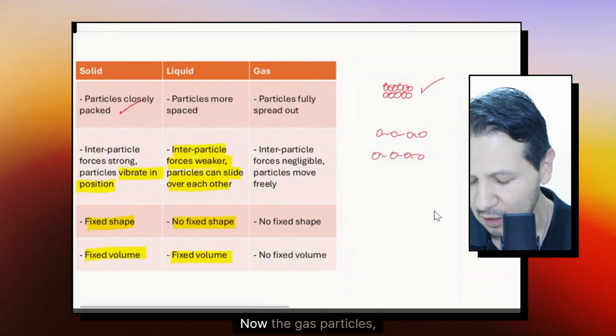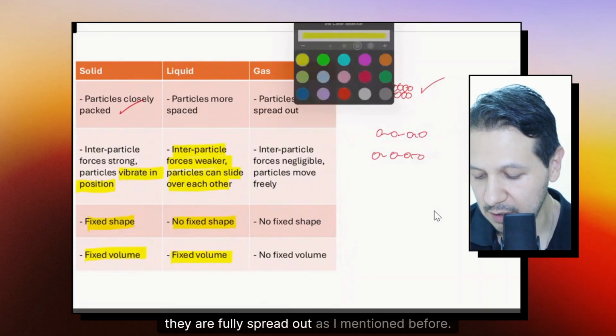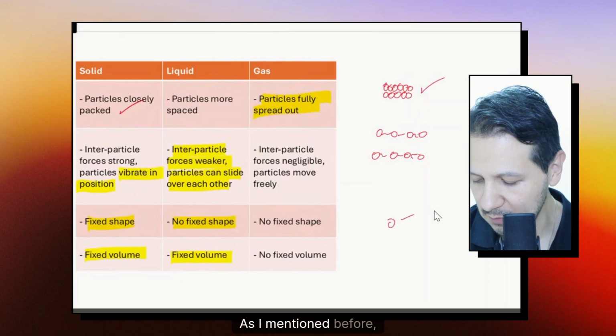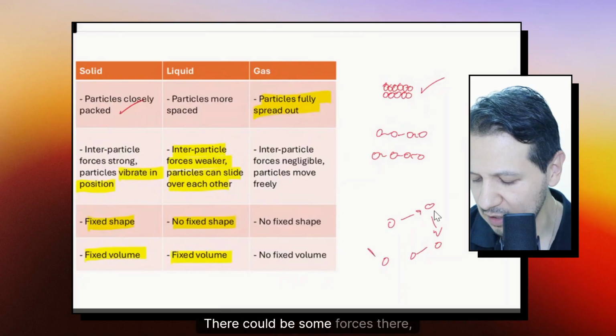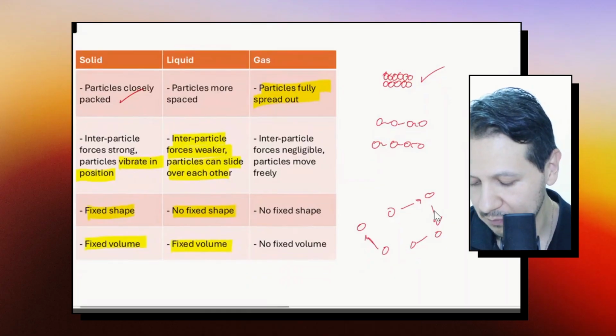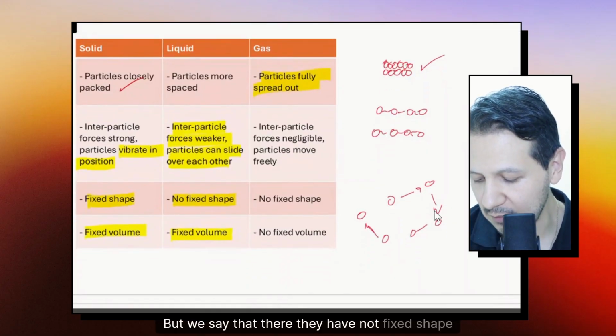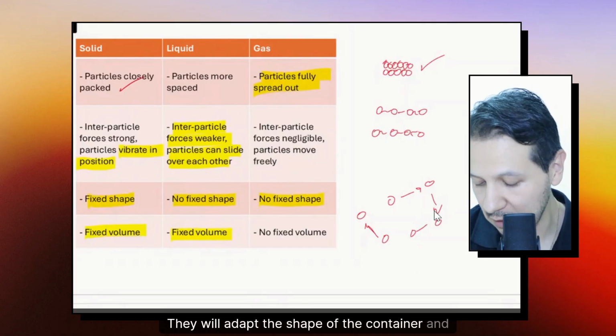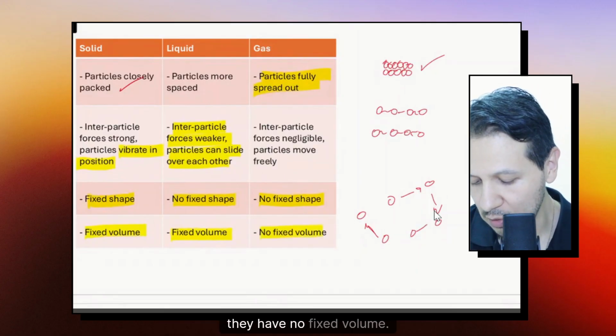Now the gas particles, they are fully spread out, as I mentioned before, so there is no force. As I mentioned before, the forces are negligible, right? If the forces are negligible, they are still there. Could be some forces there, but we will study that in the initial part. But we say that they have no fixed shape because it's a gas. They will adapt the shape of the container, and they have no fixed volume.